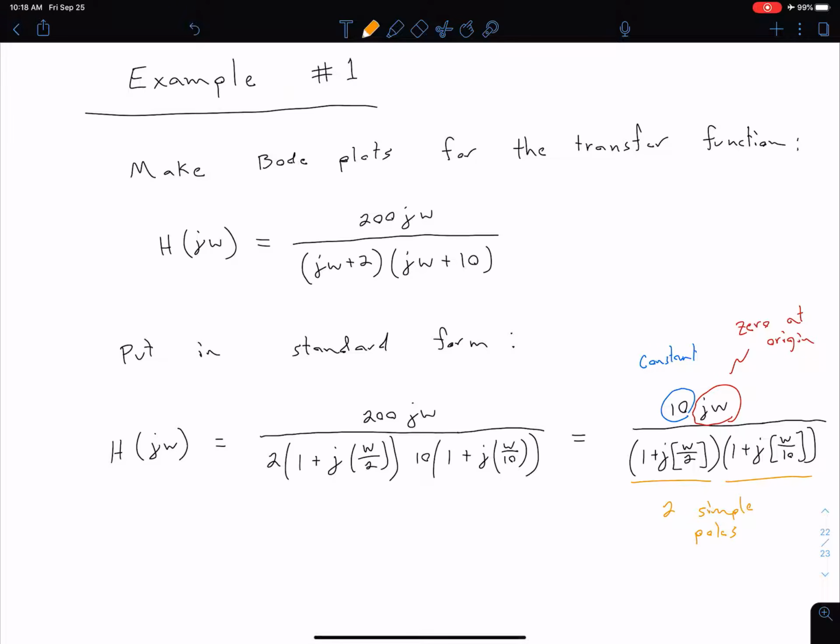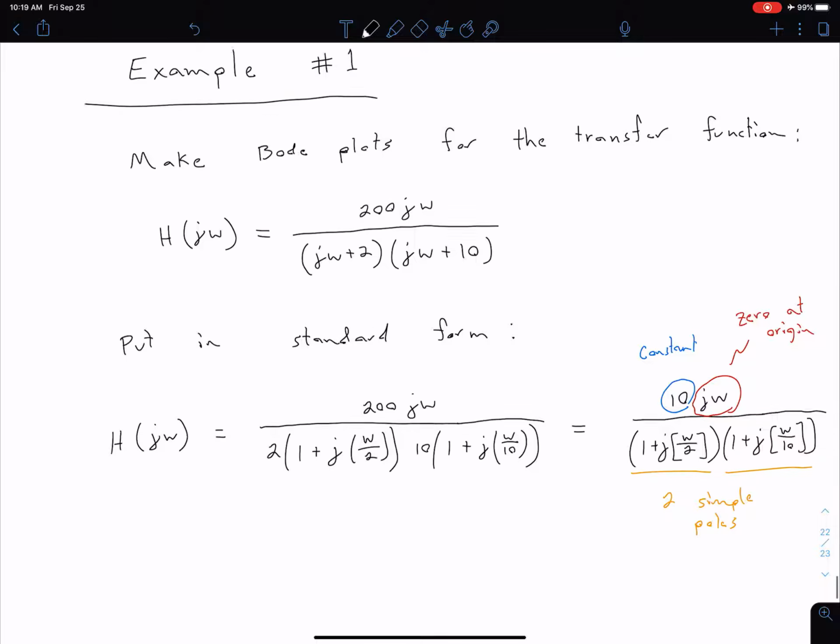The 2 simple poles have 2 different corner frequencies. Now we have this in the form of the 7 items that can compose our transfer functions, and we're dealing with 3 of those items. So we want to look at each of those items individually, and at the end combine them into a single Bode plot.